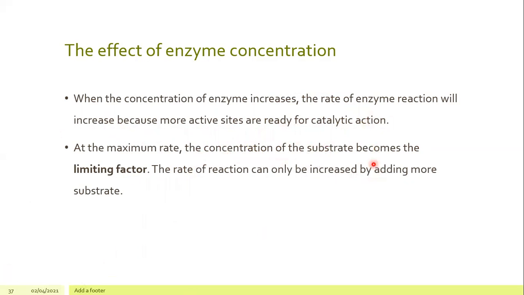This is because the substrate becomes the limiting factor here. Although we add a lot of enzymes, there are a limited number of substrates. So this is the opposite of the last factor, the substrate concentration.